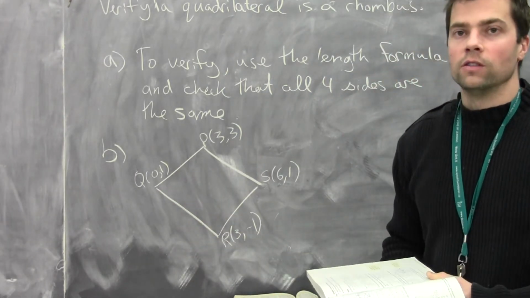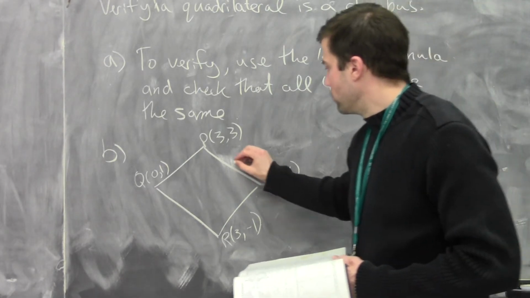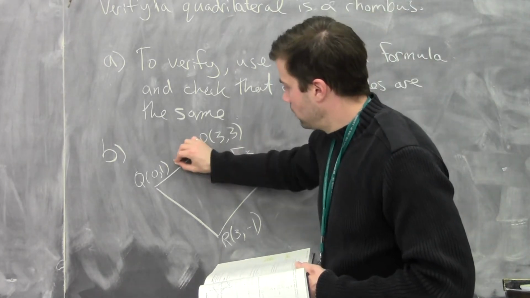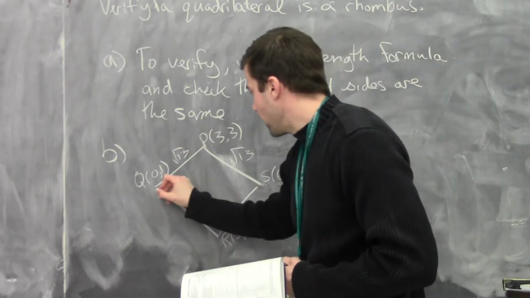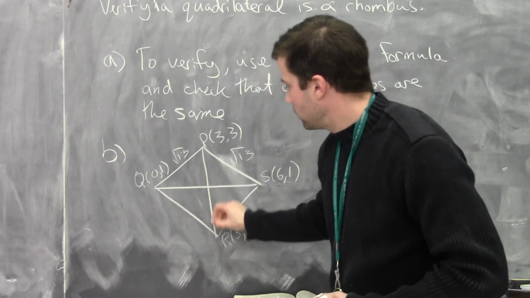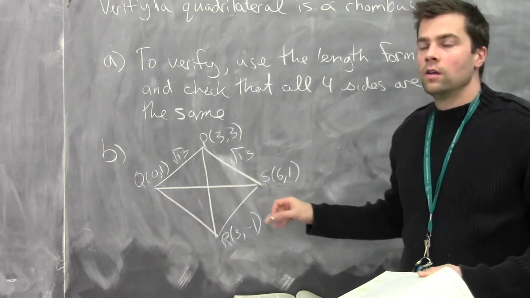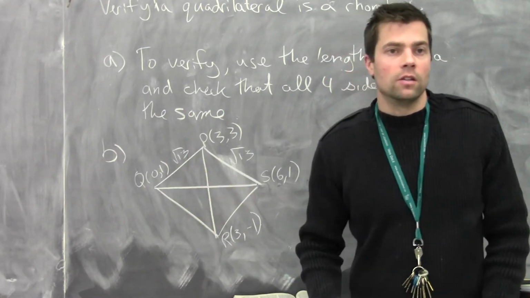We verified that it's a rhombus because we learned that all four sides have a length of root 13. Now the question reads, we want to verify that the diagonals, remember, they run across the inside of the shape, diagonally across. We want to ensure that these diagonals are bisecting each other.